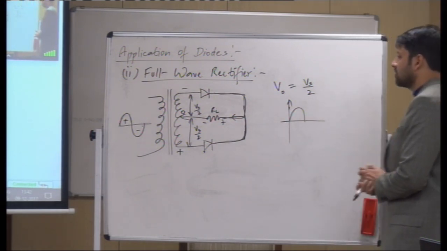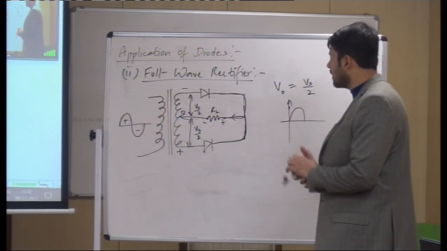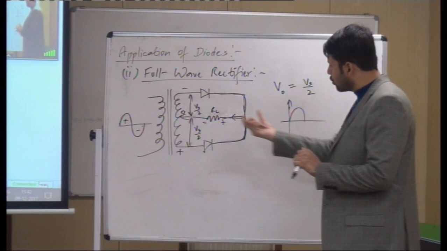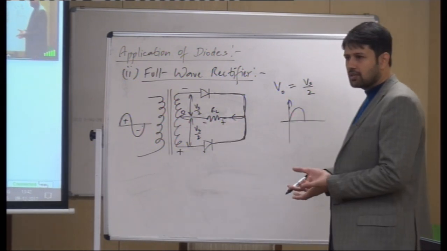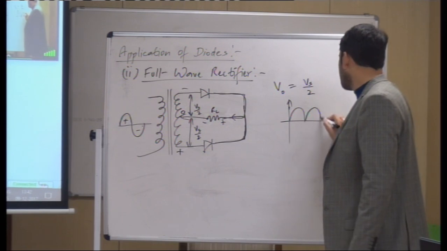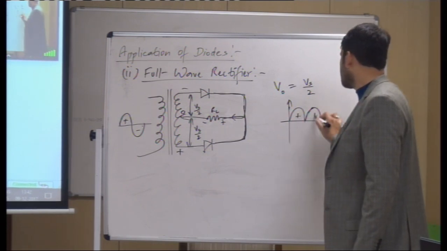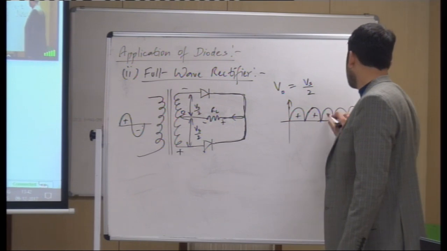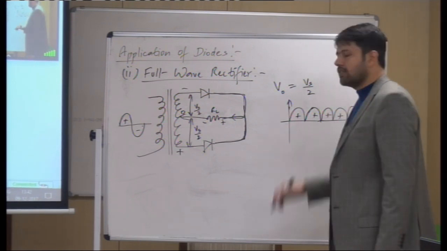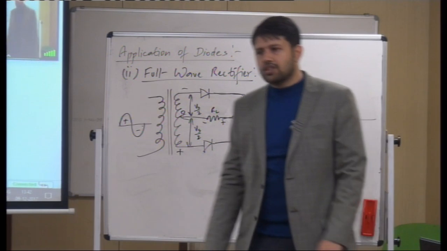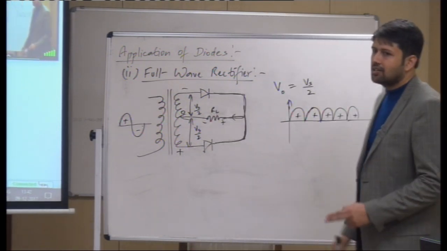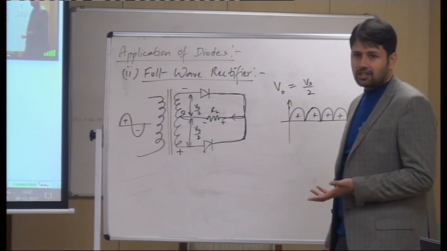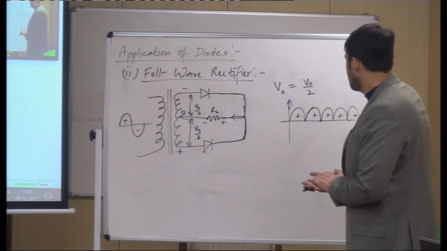The output is again of the same polarity and of the same value. So it is another lobe on the positive side, and only positive lobes would be there. So you can see we have converted the negative portion to positive, but we lost half of the secondary voltage for every cycle, right?